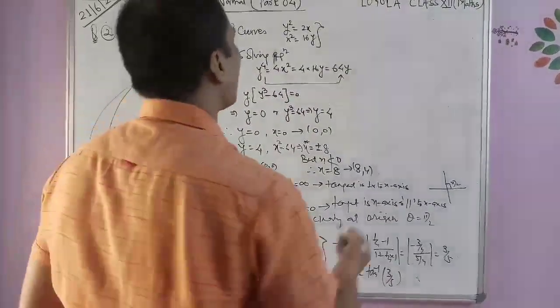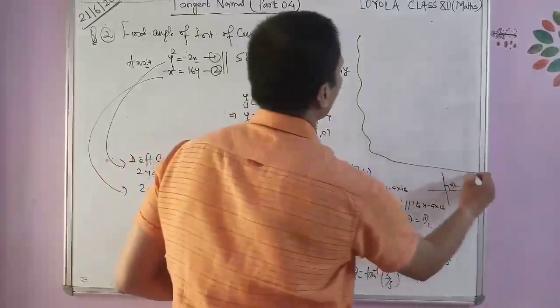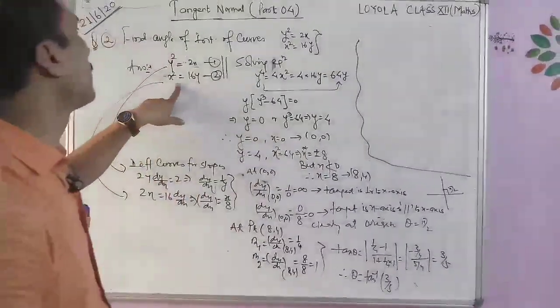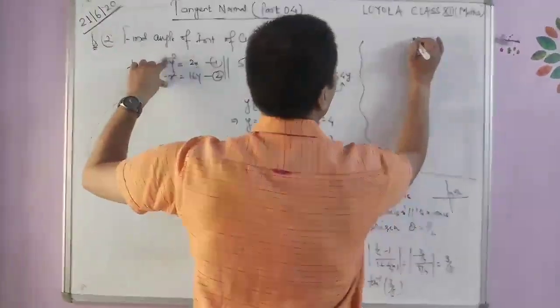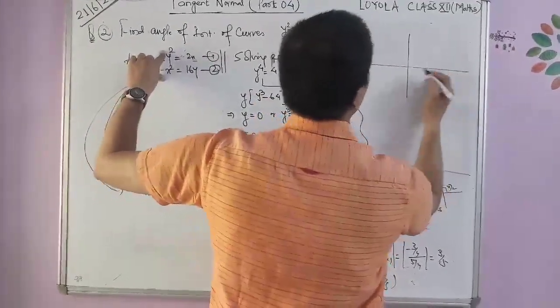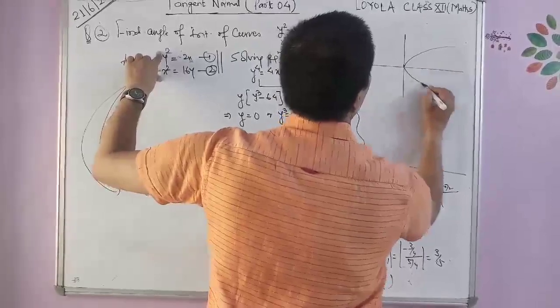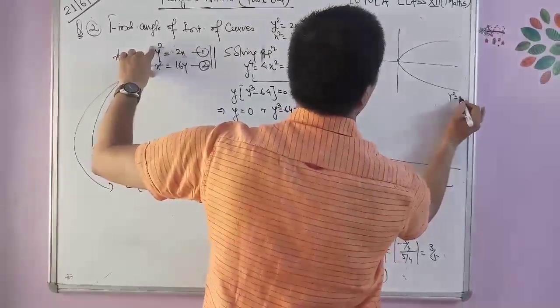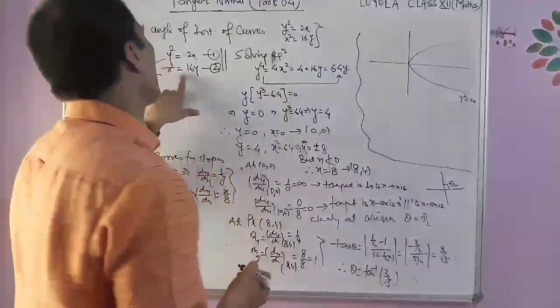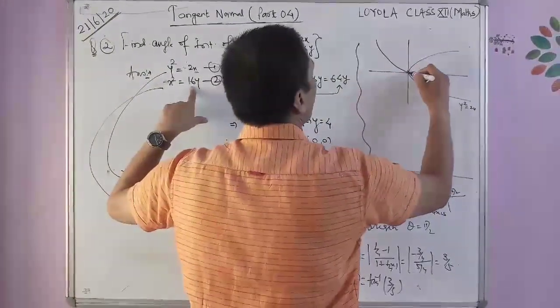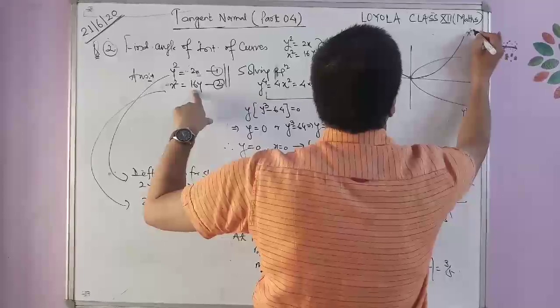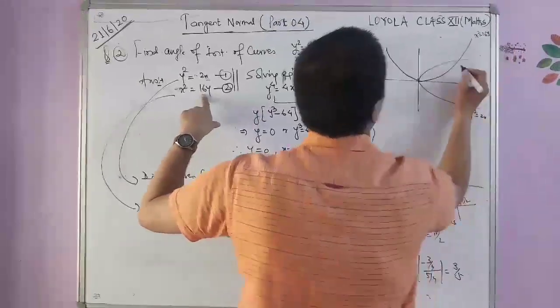If we see the two functions graphically, this is the graph of y square equal to 2x, and this is x square equal to 16y.